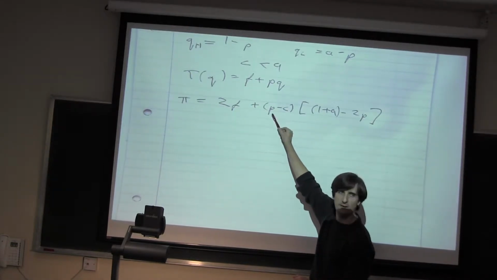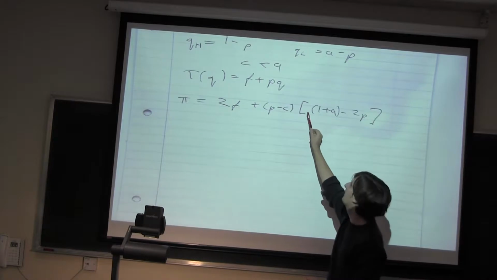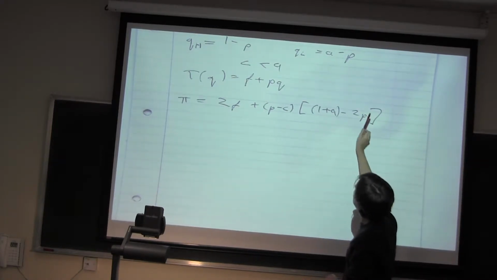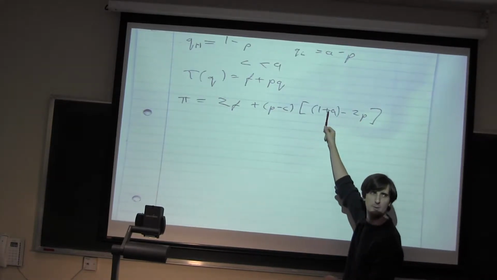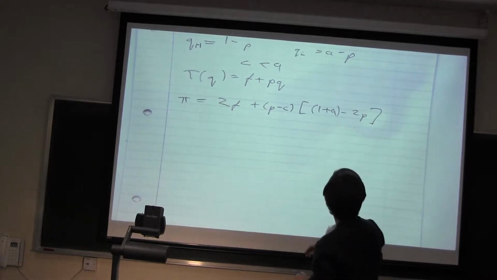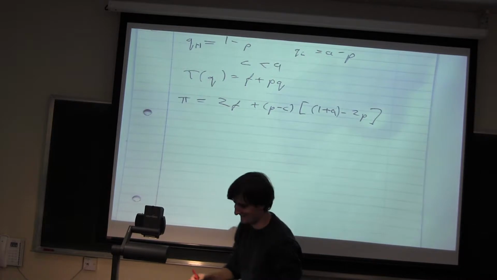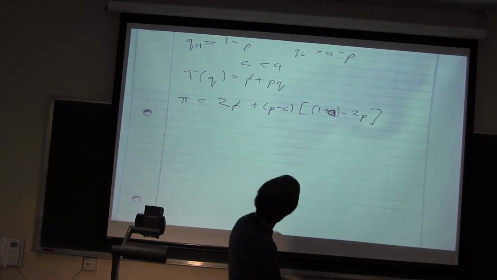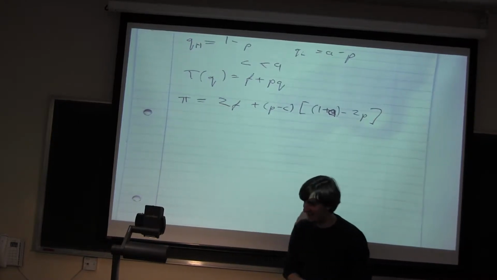They make price minus cost profit per unit. Total number of units they sell is 1 minus P to the high types, A minus P to the low types, and total 1 plus A minus 2P.